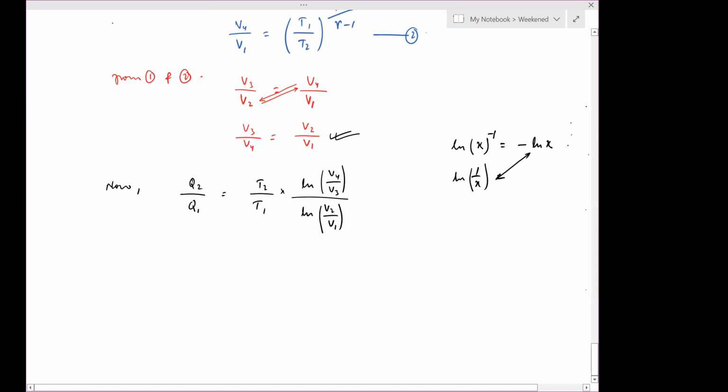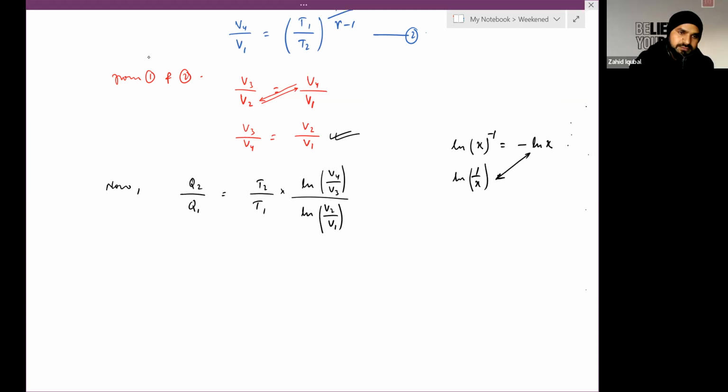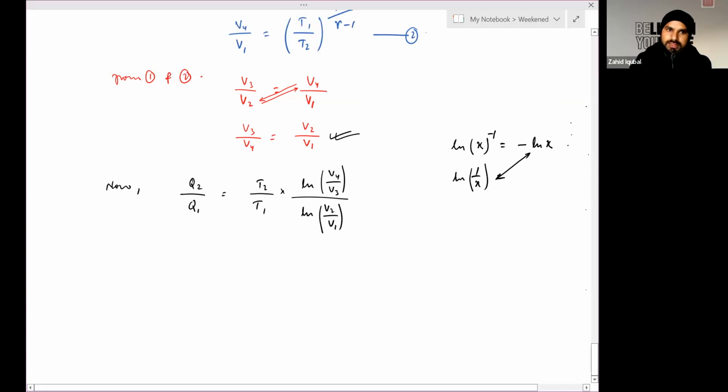Now, we may further say this Q2 is heat being ejected out from the system, and Q1 is heat being absorbed by the system. So Q2 will be taken as negative and Q1 will be taken as positive.